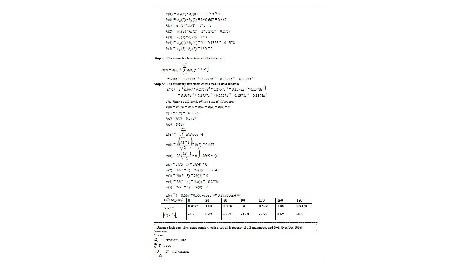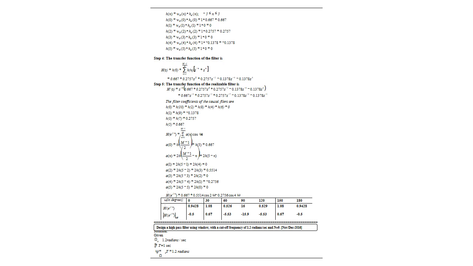After that we have to find the transfer function of the filter, and then use this transfer function as for the realizable filter method. Then we have to combine all these values together and form a tabular column, and in that tabular column we have to write down the values of omega, h of e power j omega, and modulus of h of e power j omega in decimal.